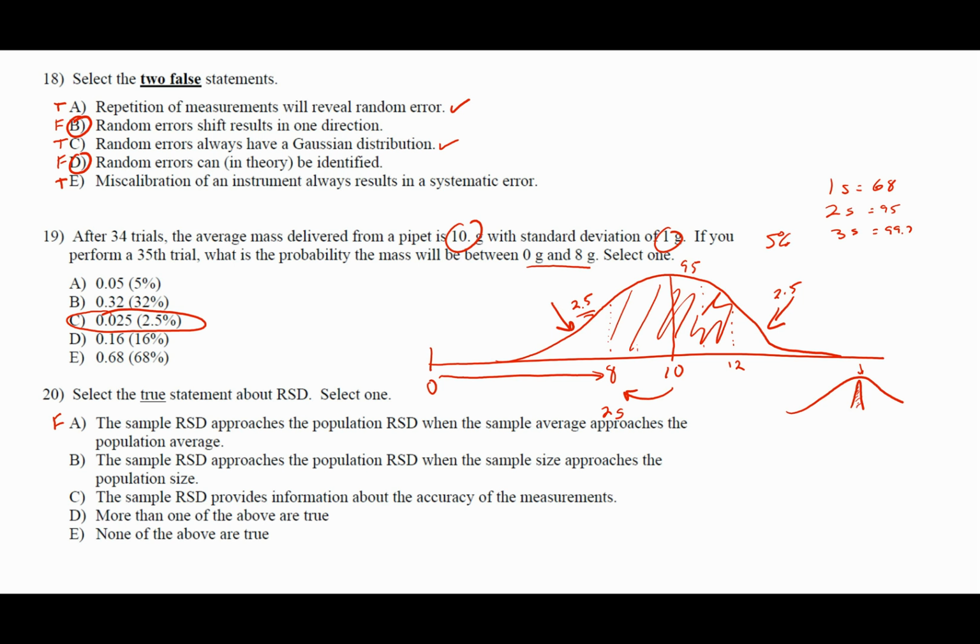In reality, we only talked about two things. We talked about S or sigma, S approaching sigma as N approaches big N, and we talked about X bar approaching mu as N approaches big N, right?